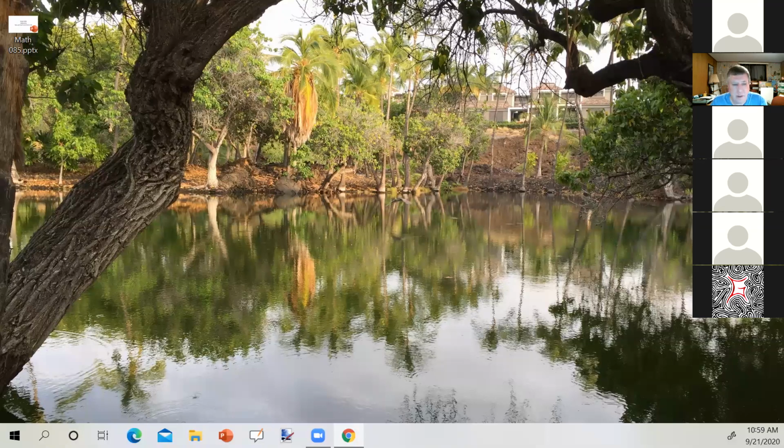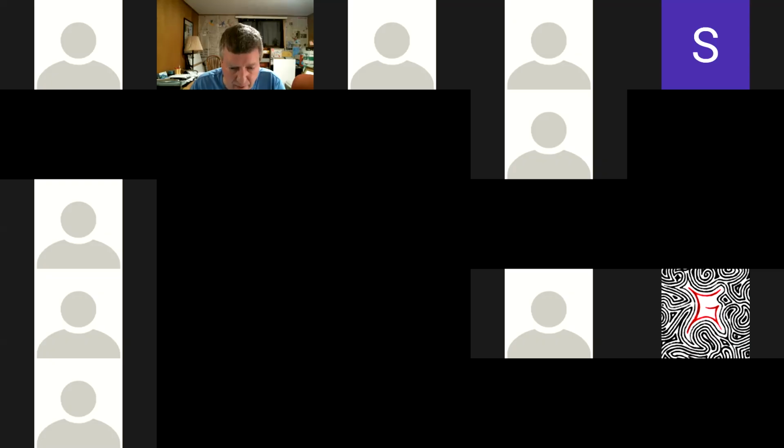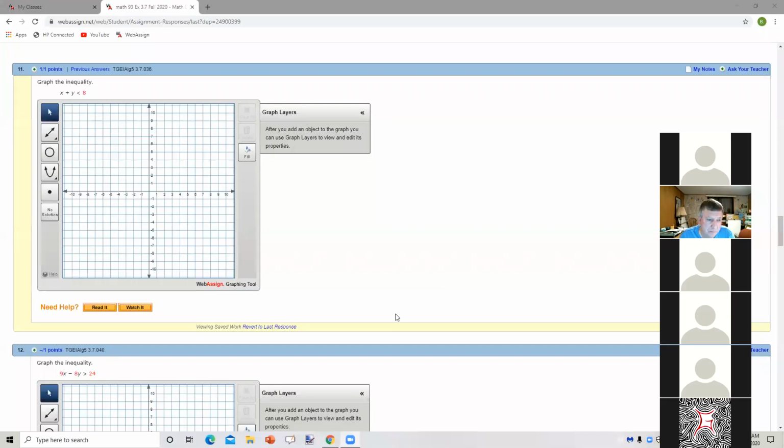All right, have I got the WebAssign on the screen? No, not that I can see. Okay, so let's stop sharing and go back in here and share that. How about now? Yes. So you can see it says graph the inequality x plus y is less than 8. Okay, great. Every time I think I've got it figured out, I don't.